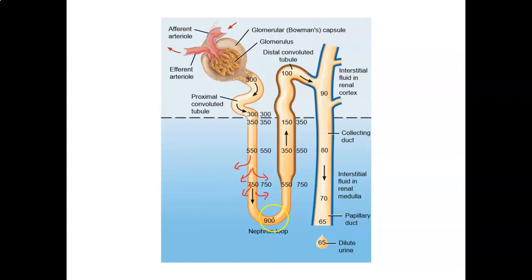Oh, all right. So if it goes from an area of high concentration to low concentration, as it begins to elevate, you can see how solute molecules begin to leave. As they leave, the urine becomes less and less concentrated.